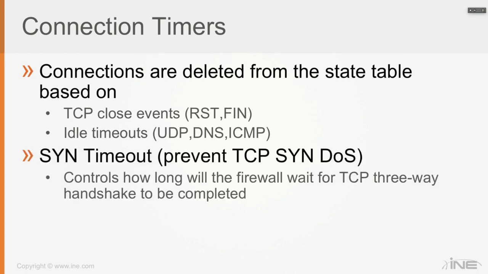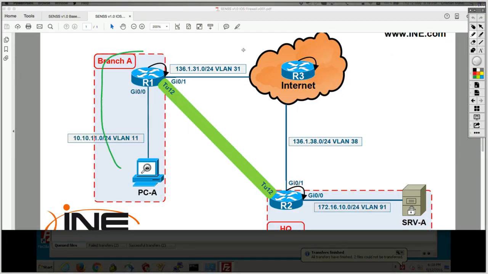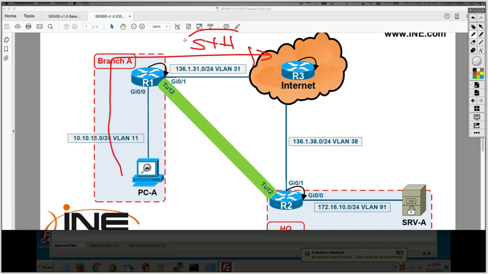Also, SYN timeout, which prevents TCP SYN denial of service. The SYN timeout controls how long the firewall will wait for the TCP three-way handshake to be completed. So if we go LAN to internet with a TCP session that's inspected by the firewall, the firewall sees the SYN packet and puts an entry in the state table for that session: source and destination IP, source and destination TCP port numbers.